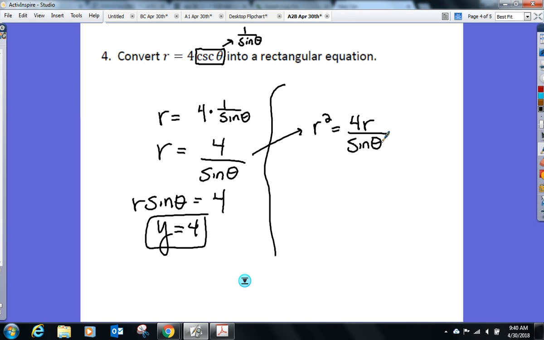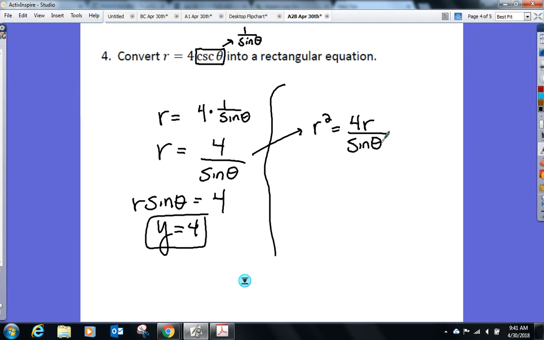Now what? Guys, what did we do in the last problem? I don't want to start plugging in x squareds and y squareds because I'll still have r and theta, but can we get rid of this?